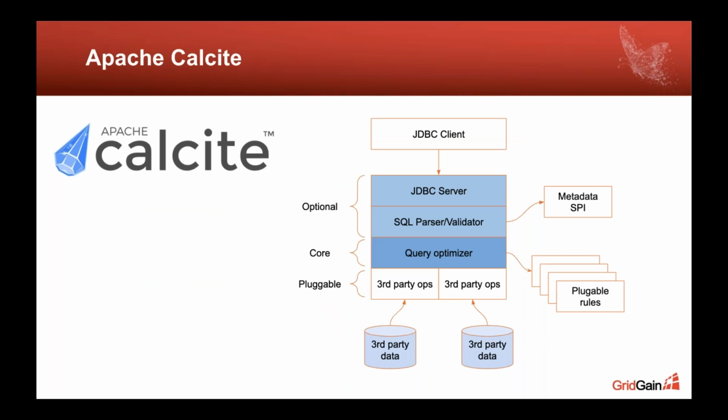Here we have a JDBC client, JDBC server, SQL parser and validator, and both query optimizers, heuristic and cost-based, some pluggable rules, and so on. On our side, all we need is to provide Apache Calcite with access to user data and get a working SQL engine. So obviously it isn't true.